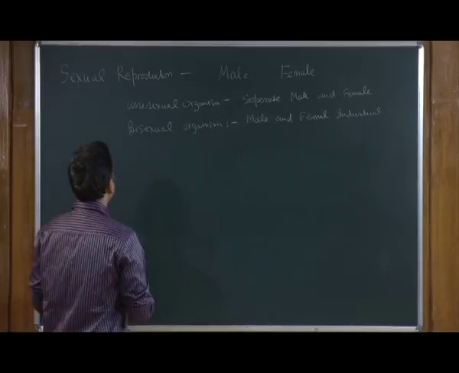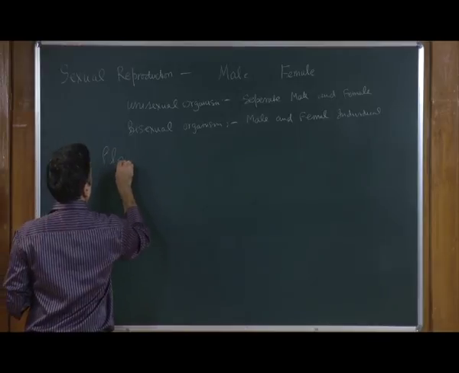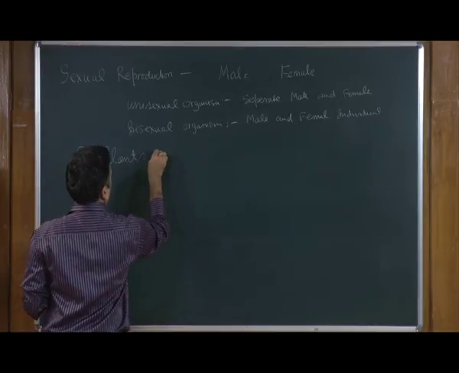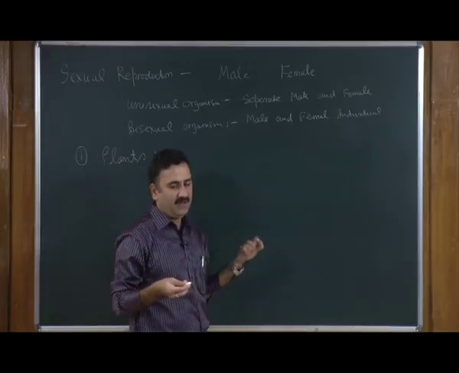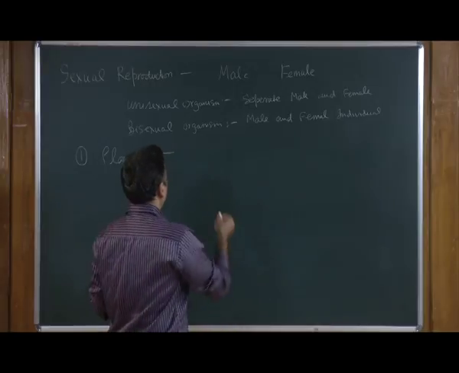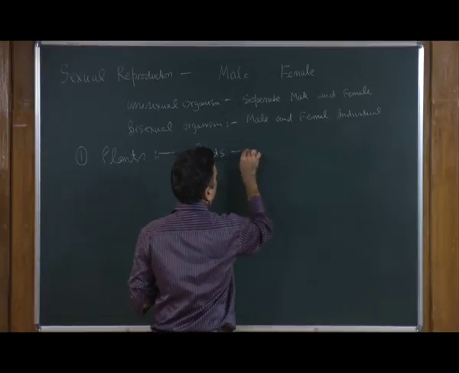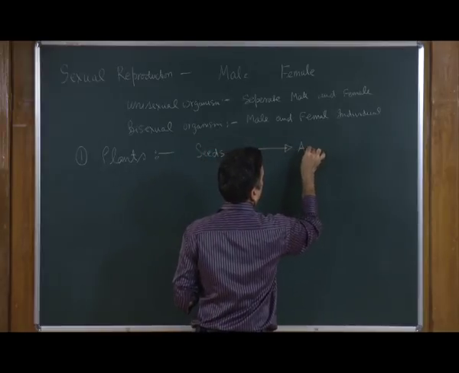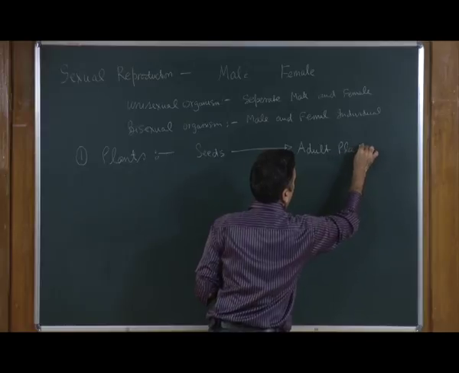For example, in the case of plants, they have a phase where they come out from the seed. As you know, the plant originates from seeds, and then they go on to become the adult plant, which can actually go on to flowering.